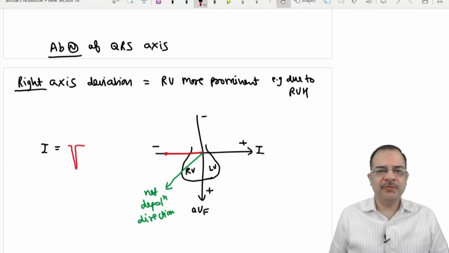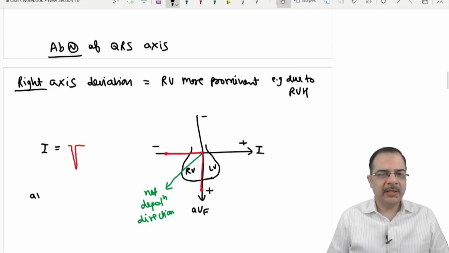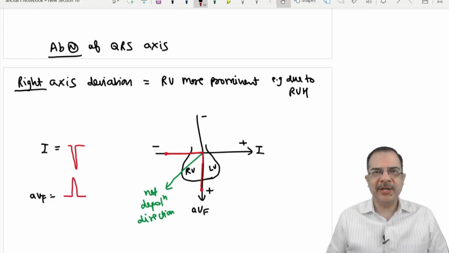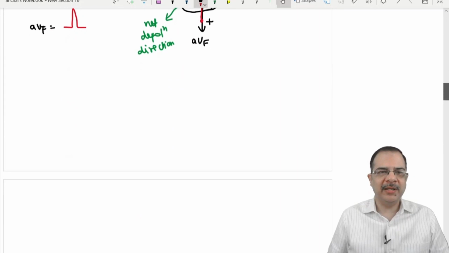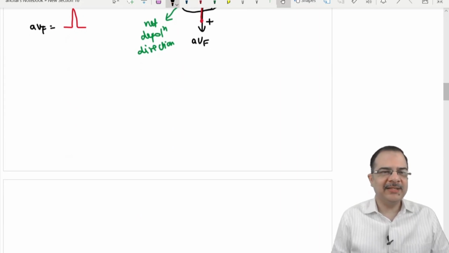So we plot it here, and AVF QRS should be positive like here. So you can see mandatory the net depolarization will come in this direction only. Now the next abnormality is left axis deviation.